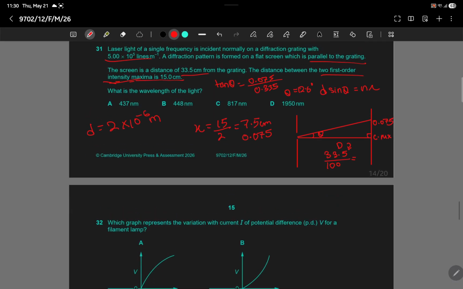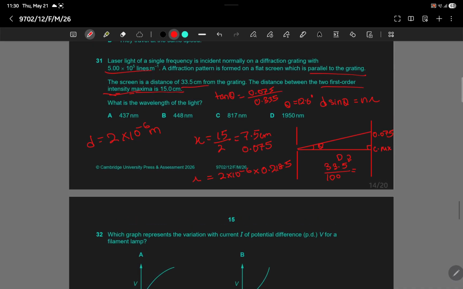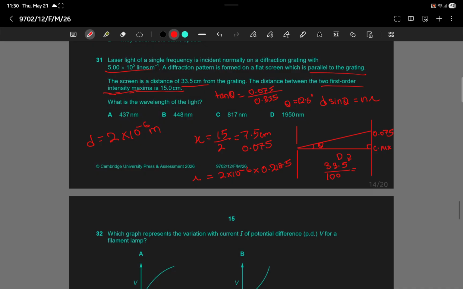Now we use the formula, and the value for the wavelength is 2 into 10 to the power minus 6 into 0.2185, which comes out to be 4.37 into 10 to the power minus 7, which in nanometers is 437 nanometers.